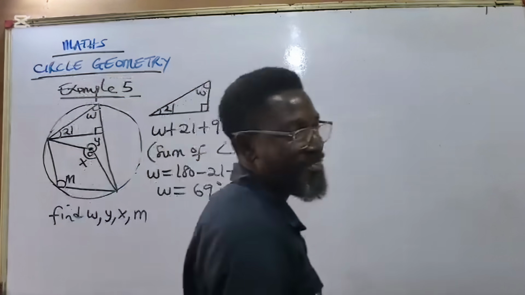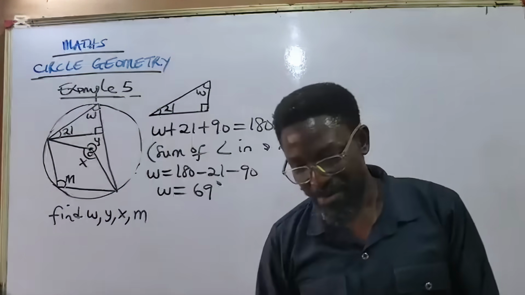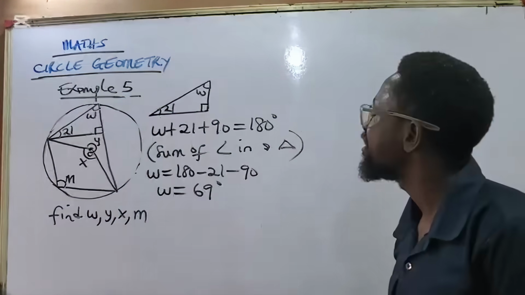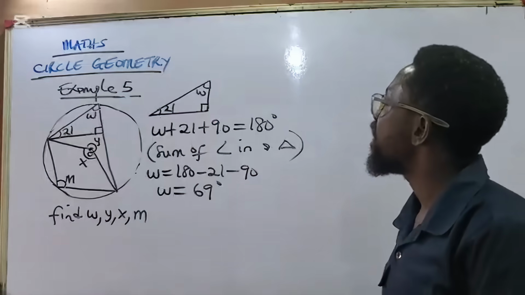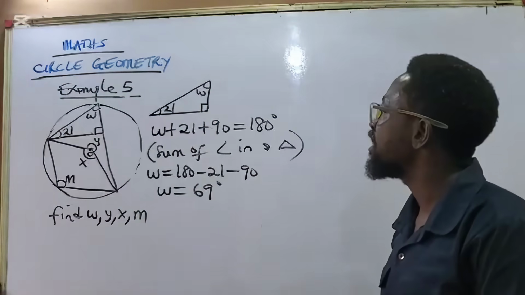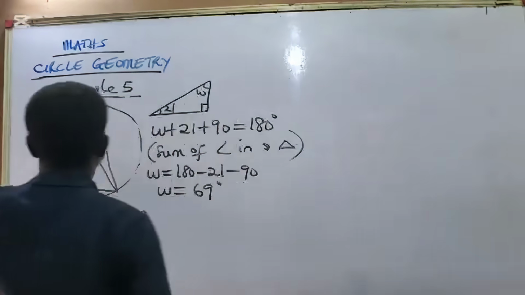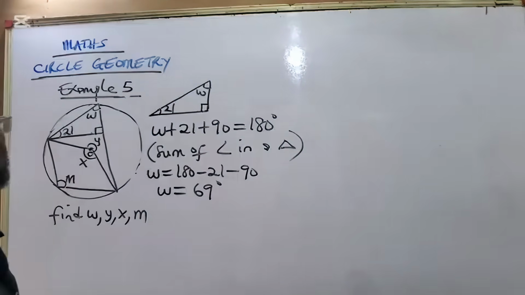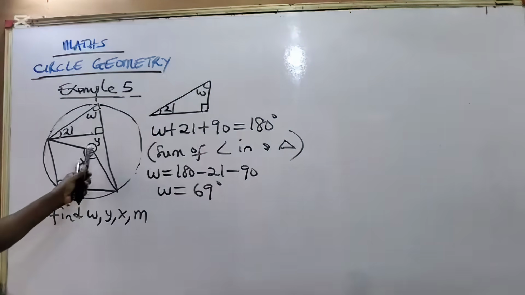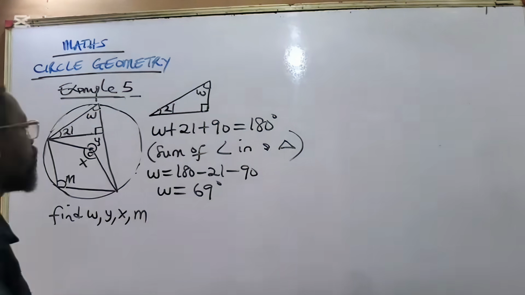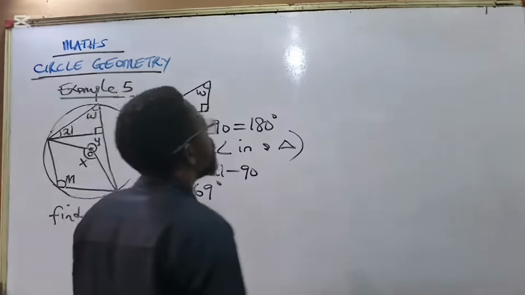Now that I've obtained the value of W, we'll take a look at the figure again. Let's find the next thing we can actually get from this figure. Now, this is the center of the circle. Then there's a theorem that says angle subtended at the center of the circle is twice that subtended at any other point on the circumference.